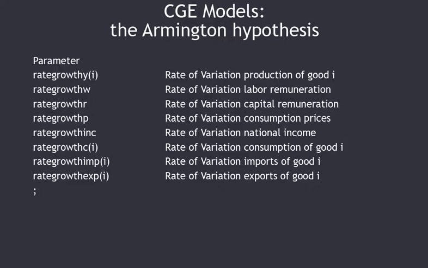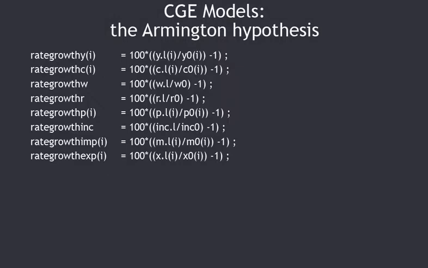Here I am asking for the calculation of a certain number of parameters. I first declare these parameters. So these are rates of variation in percentage of the variables: production by sector, labor remuneration, capital remuneration, consumption prices, national income, imports and exports. Then I define these parameters.